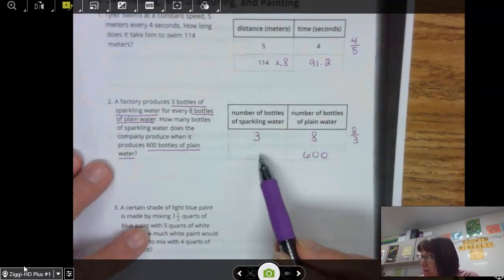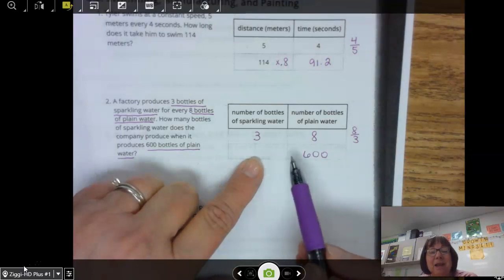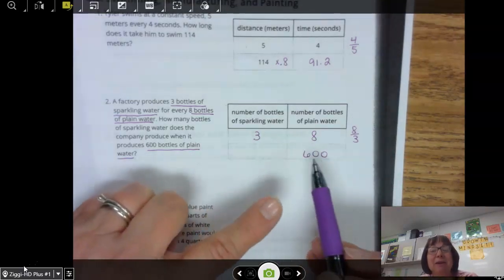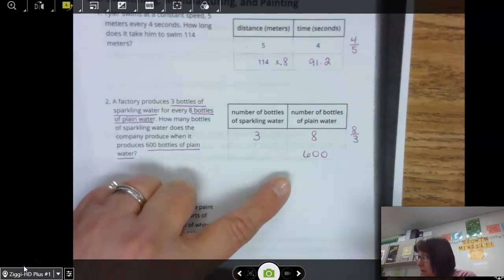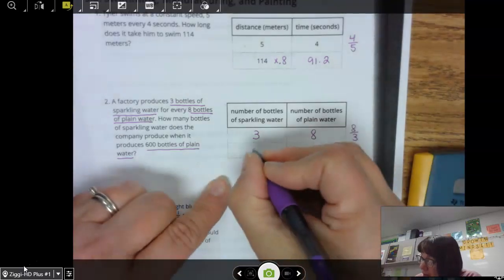If we knew this number, we would multiply by 8/3 to get to 600, right? Our constant. But when you want to come the other way, remember we multiply by the reciprocal. So instead of 8/3, I'm going to multiply by 3/8. So I take 600 times 3/8, and you would get 225.